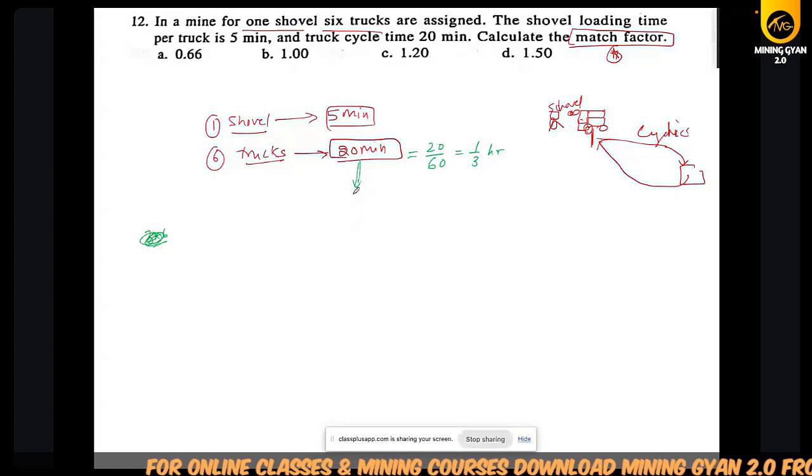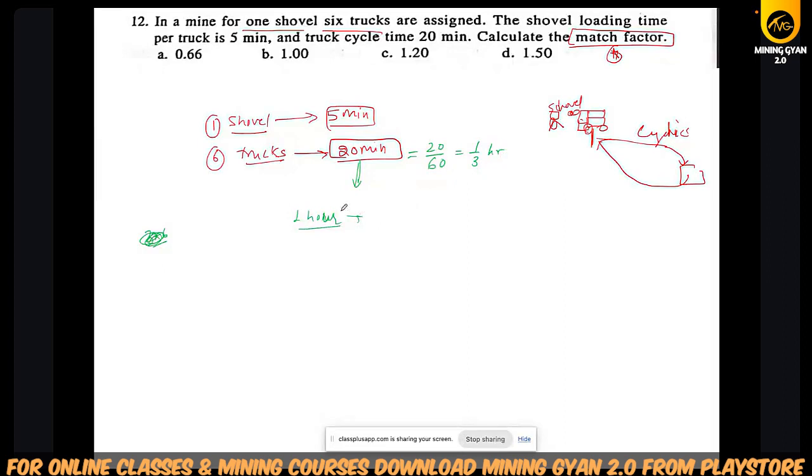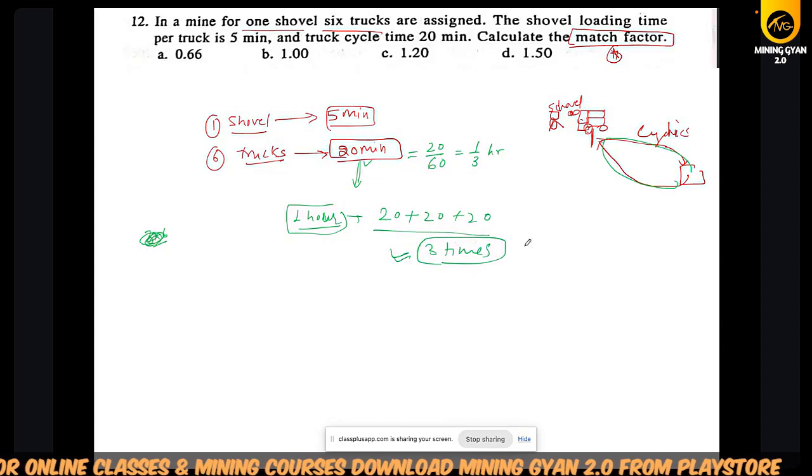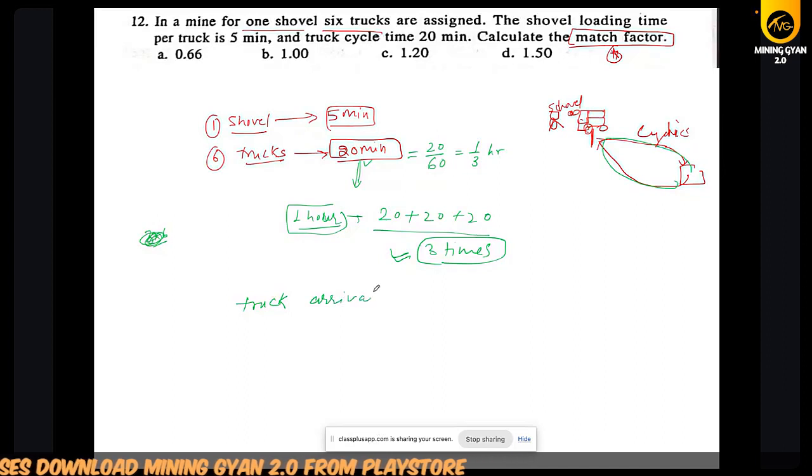So in 1 hour, how many times will one truck come? 20, 20, 20: 3 times. If one truck comes 3 times and we have six dumpers, then the truck arrival rate will be 3 times 6, which is 18.